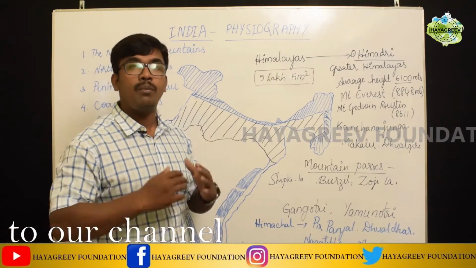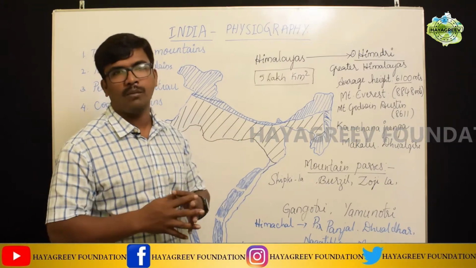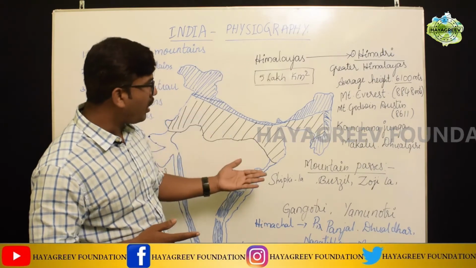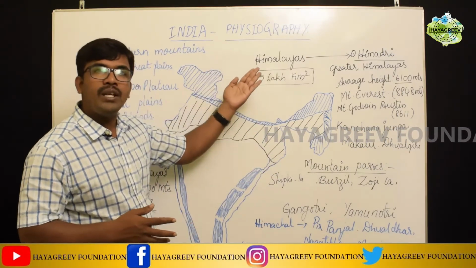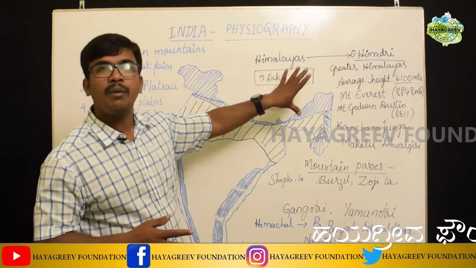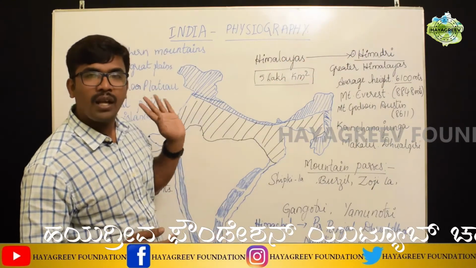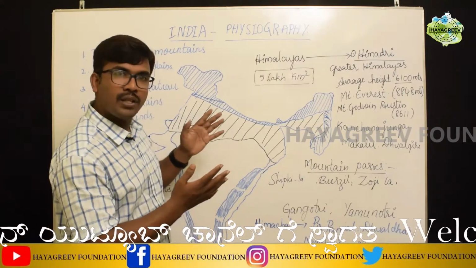And also a very important one is that it is the birthplace of many wild animals. Students, in this topic we understood the 4 divisions of India's physiography, and in the Himalayas, the 3 parallel ranges, Himadri, Himachal, Sivalik, and the importance of the Himalayas.